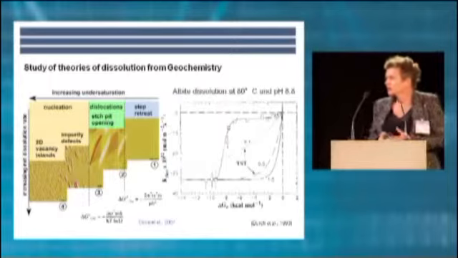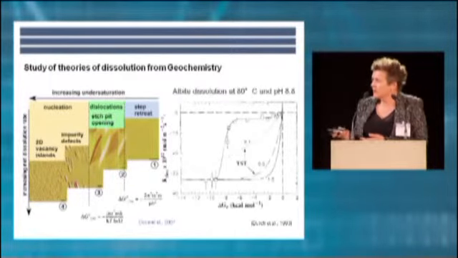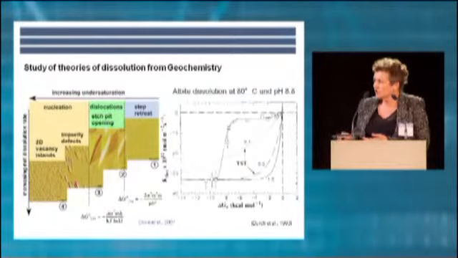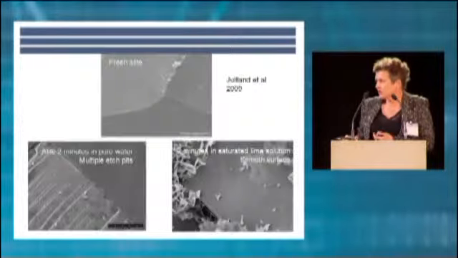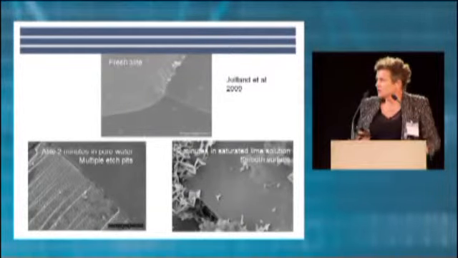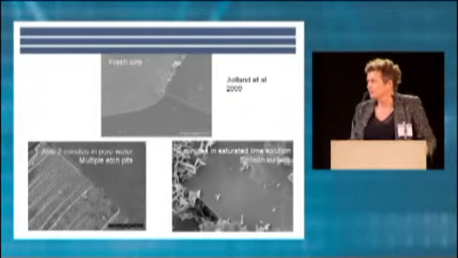So these are studies we drew from the field of geochemistry, where people have found that as the concentration of the solution changes, the pattern of dissolution changes. And we did studies which showed that this could be quite relevant to the reaction of cement.